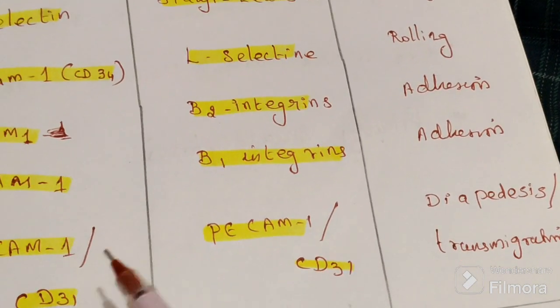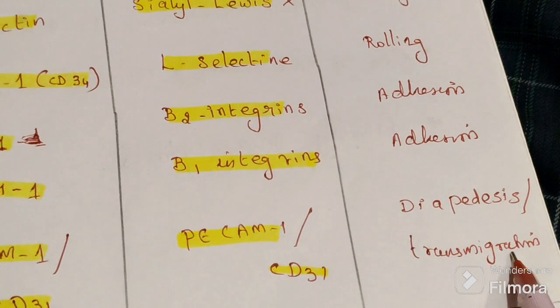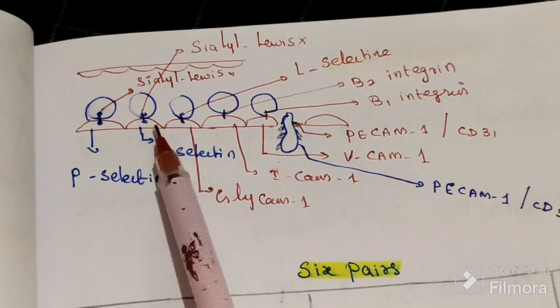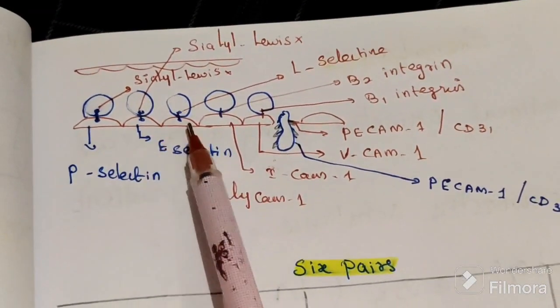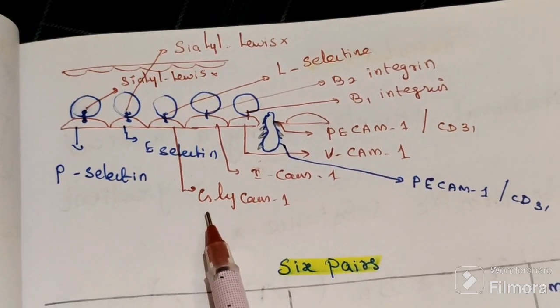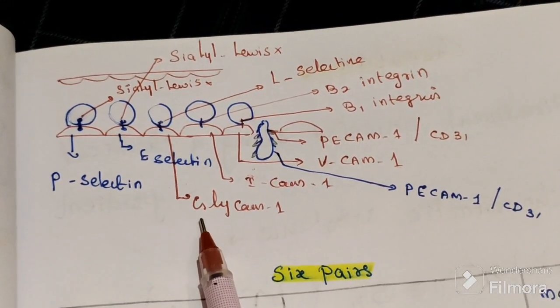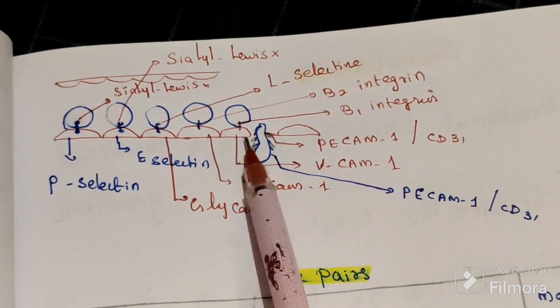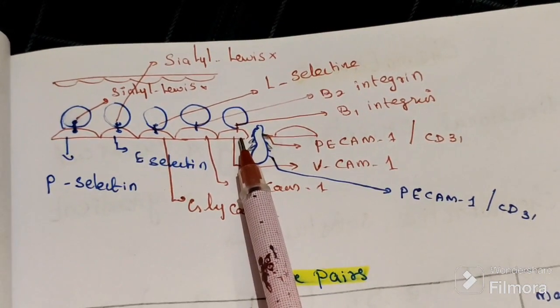By using these two receptors, the transmigration process will occur. So the endothelial cell: first has P-selectin, second E-selectin, third CAM1 with another name CD34, fourth receptor ICAM1, fifth receptor VCAM1.